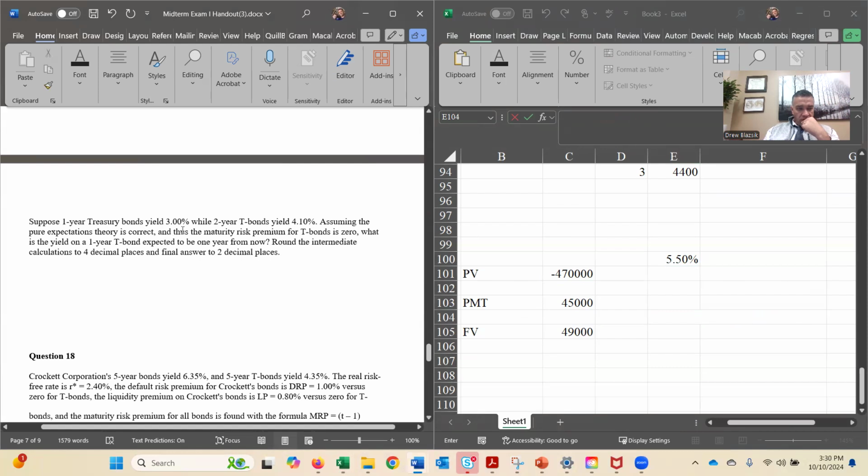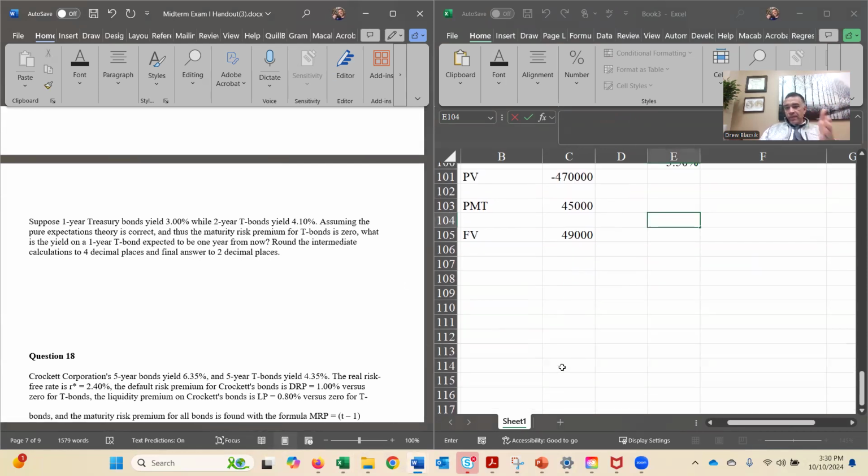Suppose a 1 year treasury bond. So you got to do this. I don't have my pen with me to write on the tablet. You got to write a 2 year bond has a 4.1% for 2 years. So what we're going to say here, a 2 year bond has 1 plus 0.0410 squared.